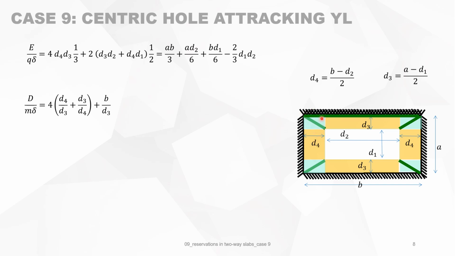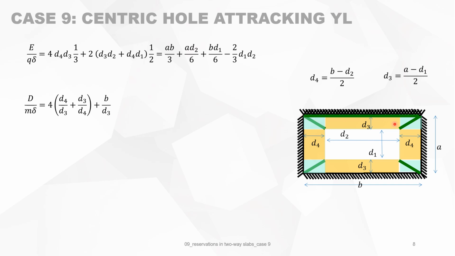So it's d4 times the angle, which is delta over d3. So that's d4 divided by d3 times delta. And then on the other side, we have d3, which is this yield line projected on this axis. So it's d3 times the angle of rotation, which is delta over d4.